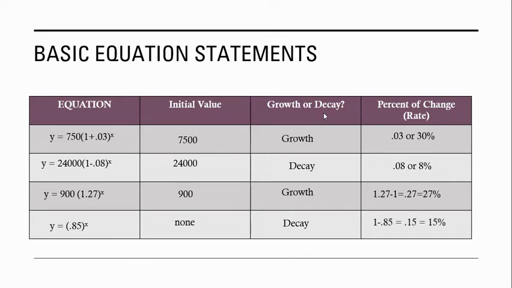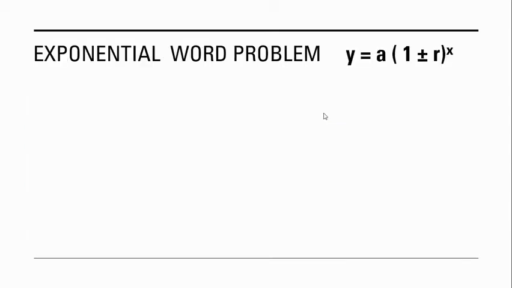In this case, we have to subtract our base of 0.85 from 1, which gives us 0.15, which is 15%. So for your decay curves, you take the base, subtract it from 1, and that is your percent of change.